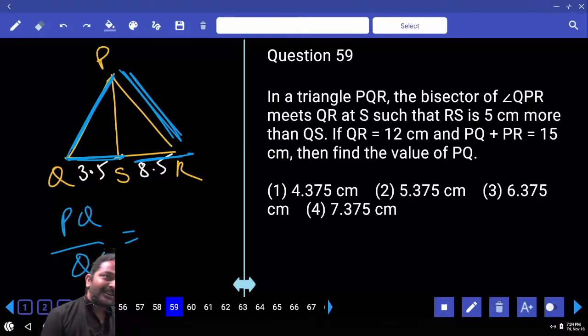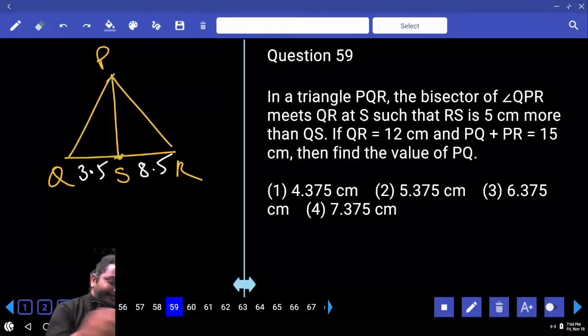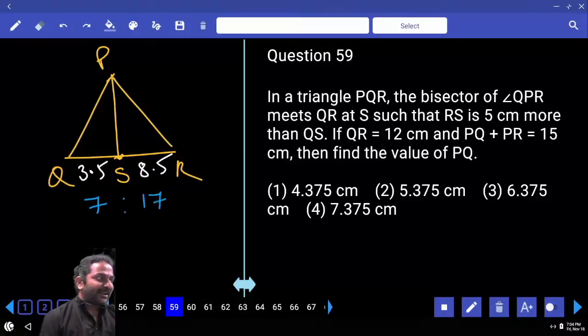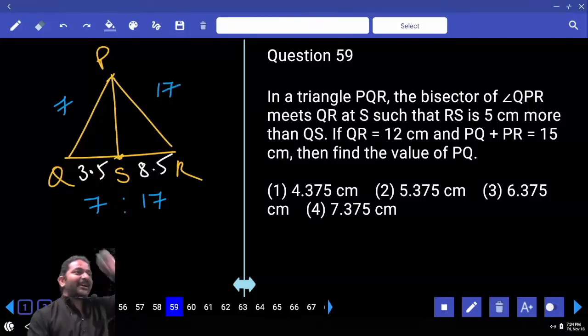I'll just draw lines. Try to remember. Can I also write like that? Yes. Can I also say the ratio between these two base values is 7 is to 17? Then PQ and PR also must be in the same ratio. Yes? Then only whatever the equation that we made already gets satisfied.